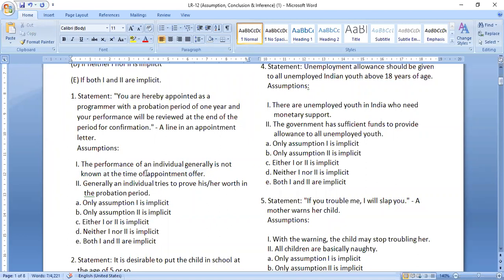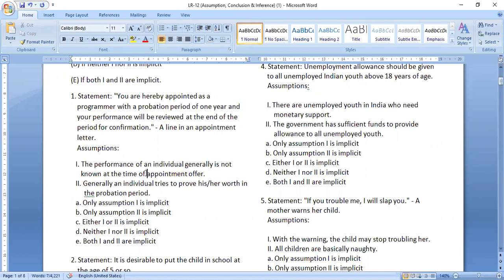And so you have a statement which is some kind of a law, and then you could think of the assumption as a case that is being put forward. So you have two assumptions, and you could think of them as two cases that are being put forward. Now you have to see which of the following cases is implicit in the law, or which of the following assumptions are implicit in the statement. By implicit, like I said, it means it can be understood or inferred.